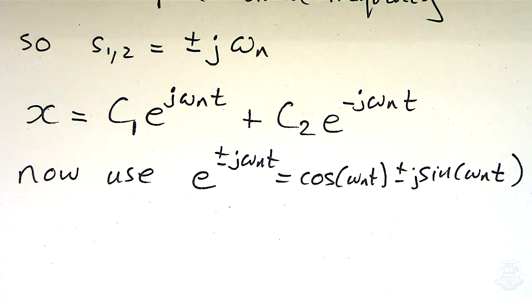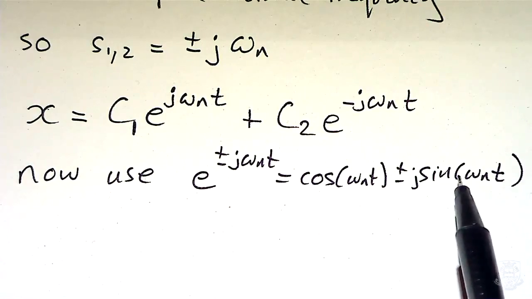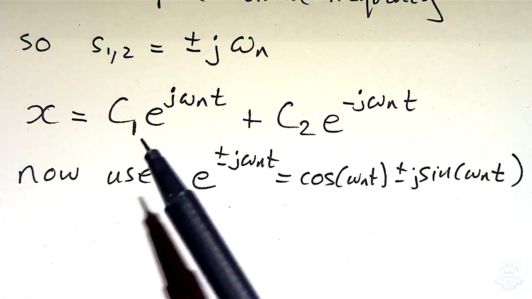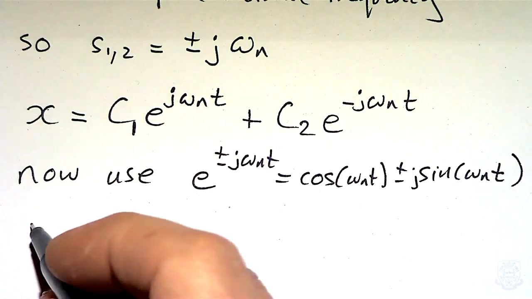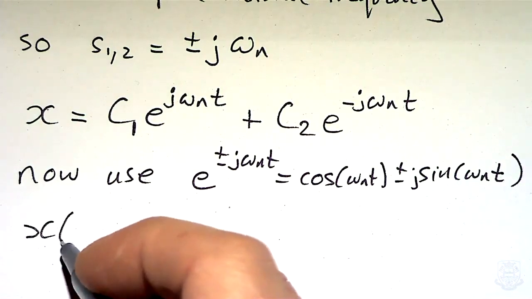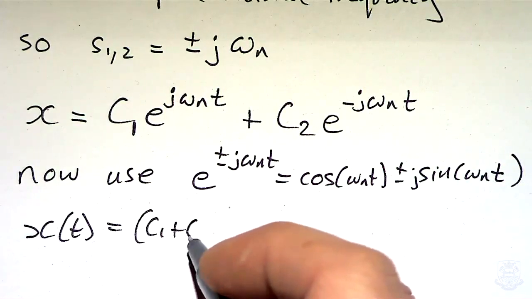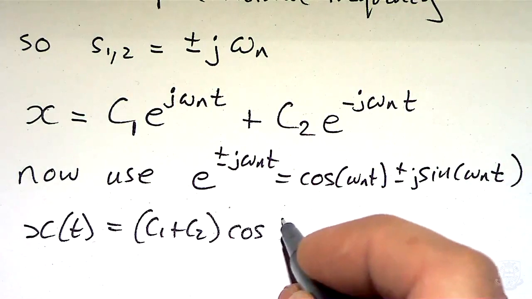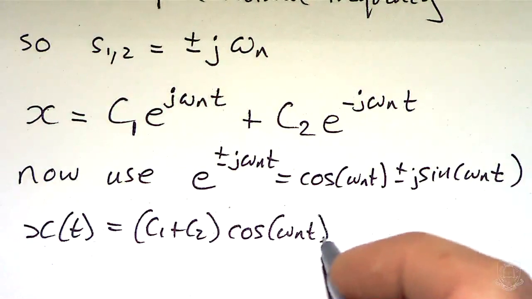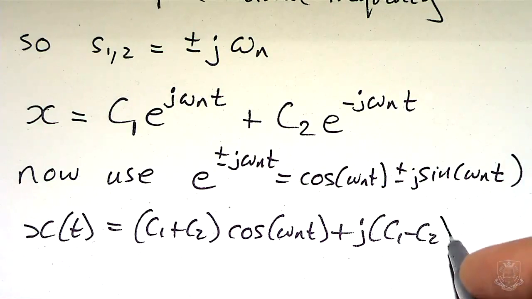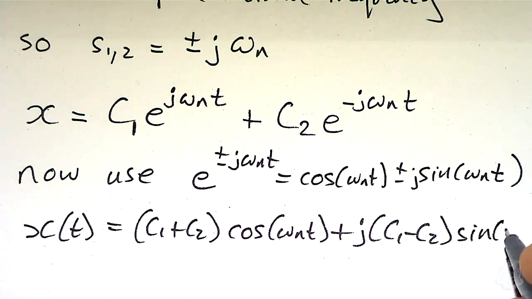So if we substitute these two expressions, the plus and minus expressions, into the previous equation, what we get is that x of t is equal to c1 plus c2 cos omega n times t plus j c1 minus c2 sine omega nt.